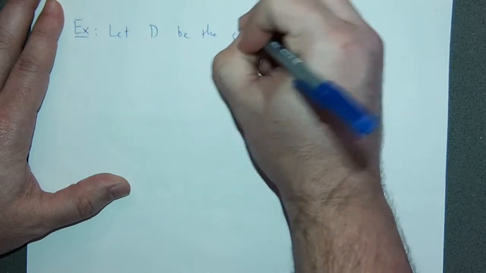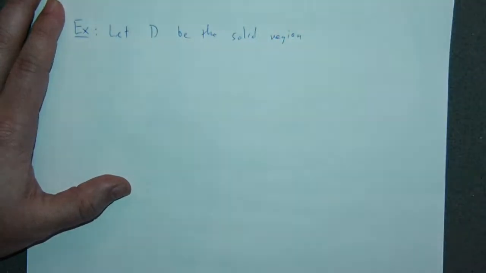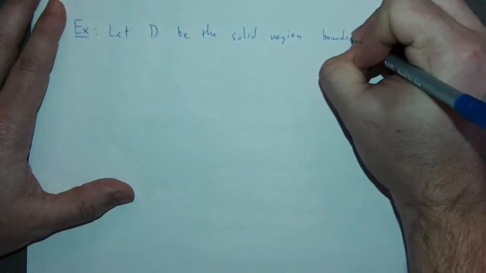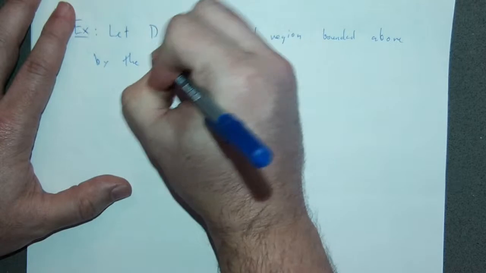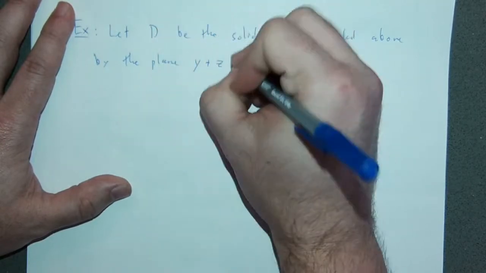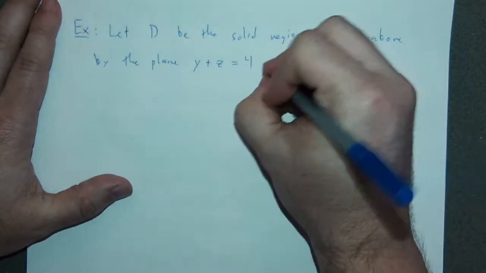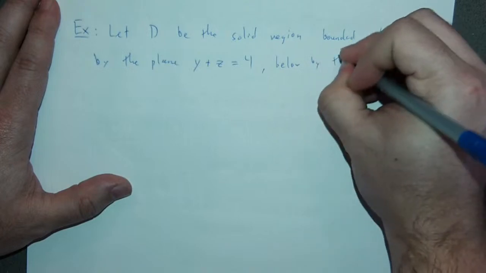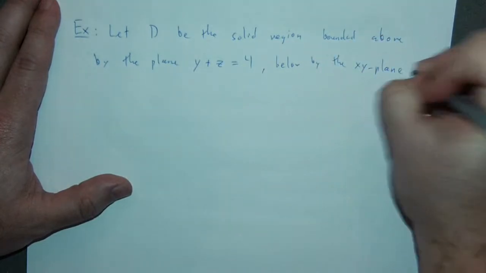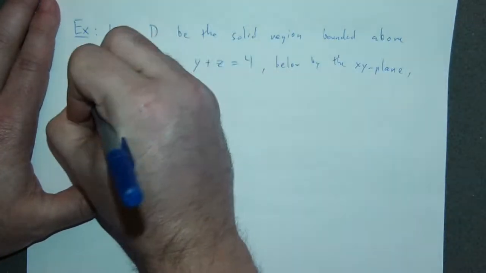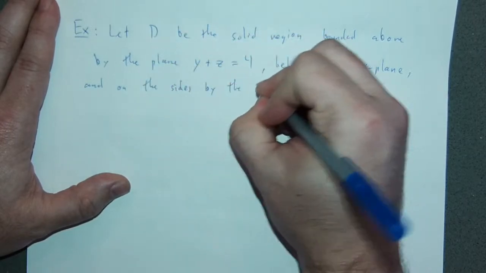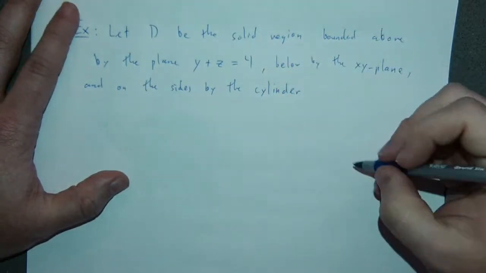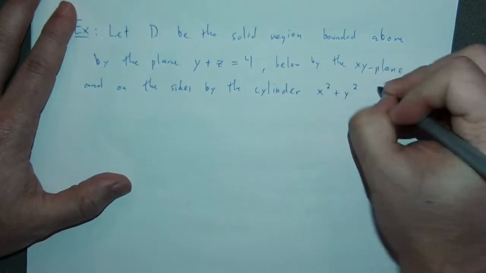So let D be the solid region bounded above by the plane, which is y plus z is equal to 4, below by the xy plane, which of course is z equals 0, and on the sides by the cylinder x squared plus y squared is equal to 16.